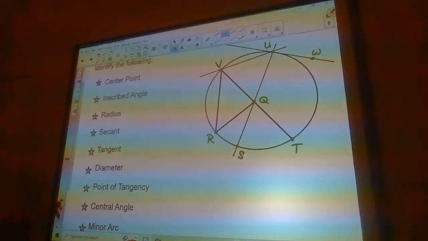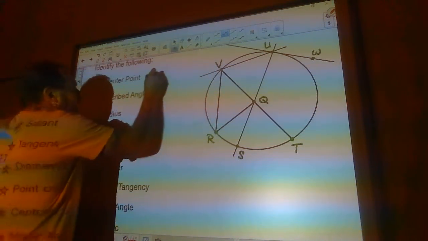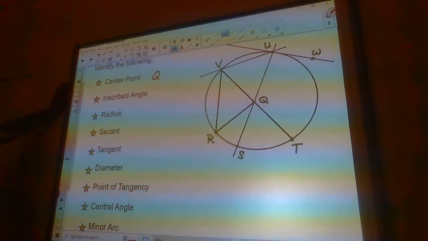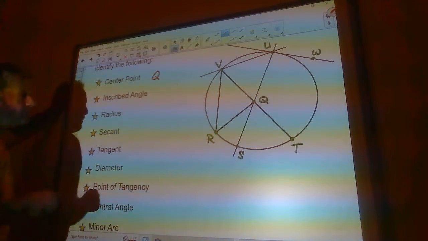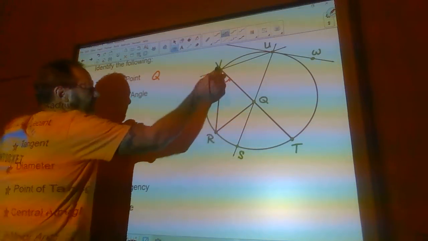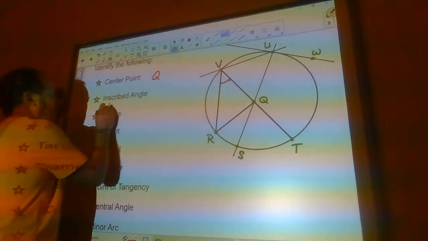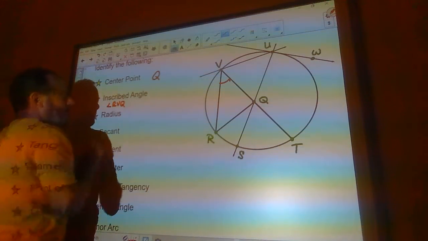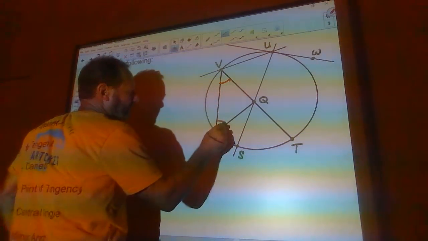Okay, so the center point, of course, is Q. An inscribed angle. There's a couple of inscribed angles here. You could have had this angle right here. That would be angle RVQ. You could have had this angle right here.